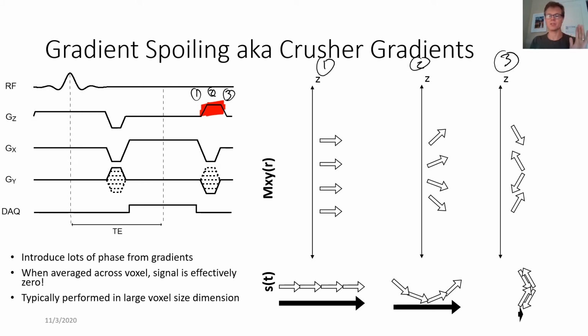So it purposely induces a bunch of rotation. And the reason for doing that is illustrated in the signal plot. So the signal averaged across our voxel, which is what we get in our image, as we add more and more phase, the spins or the net magnetizations point in a variety of different directions, and when this happens, the signal across the voxel is effectively zero.